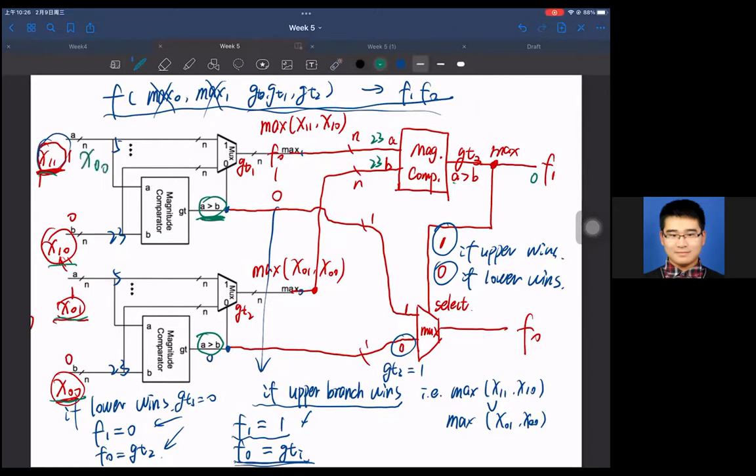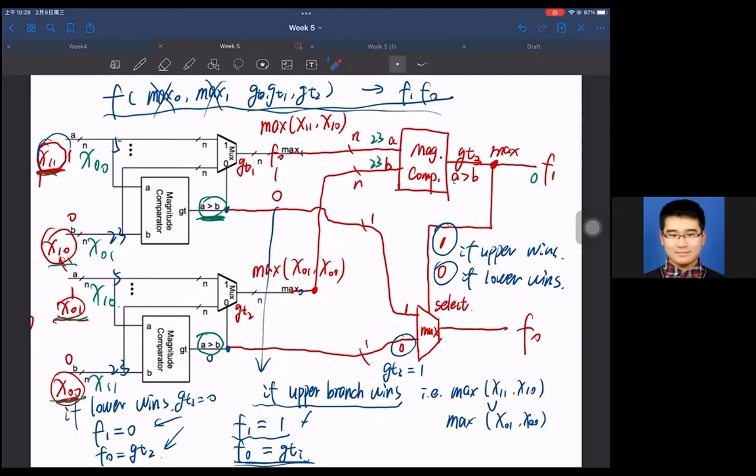So x00 to x11, x01, x10. What does this mean? x00 means how many times x00 appears. Similarly, x11 means how many times S11 appears in the 8 numbers.